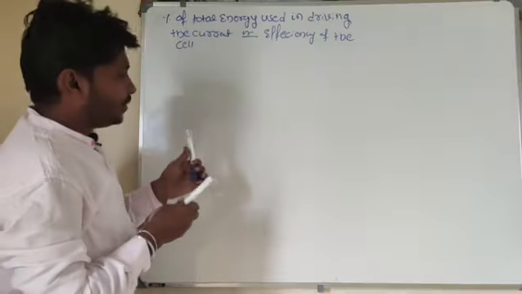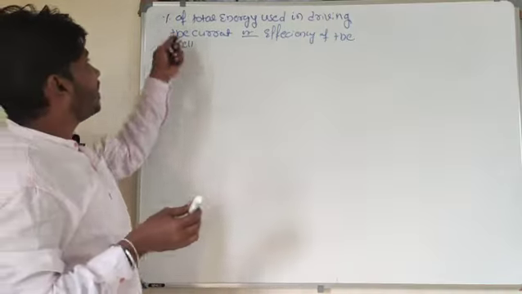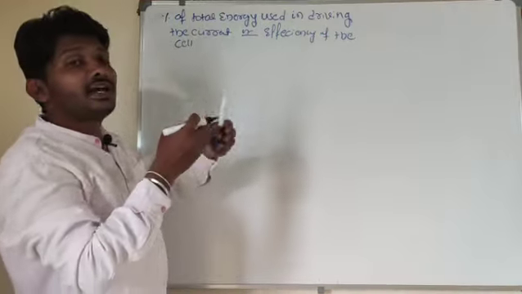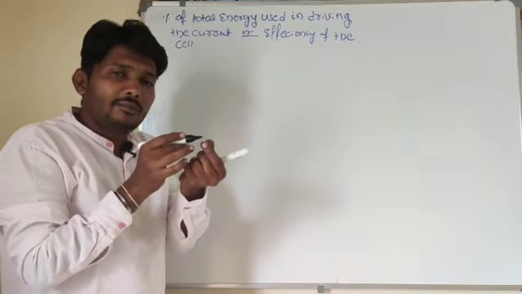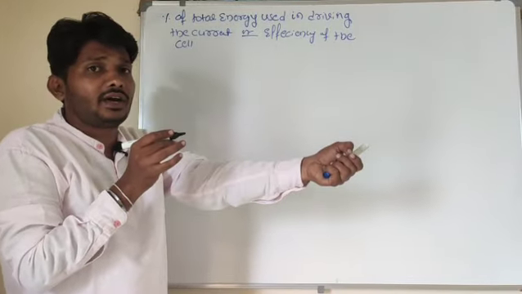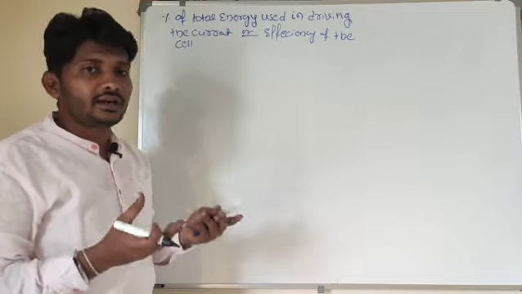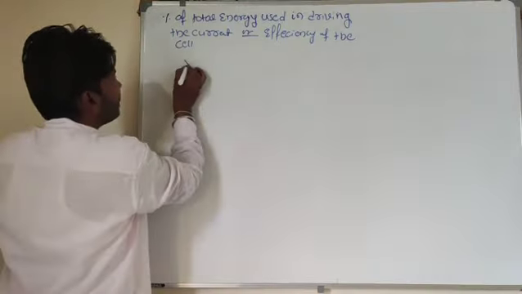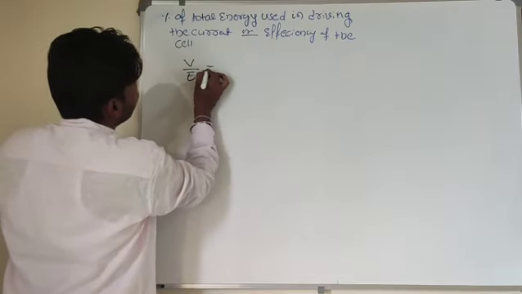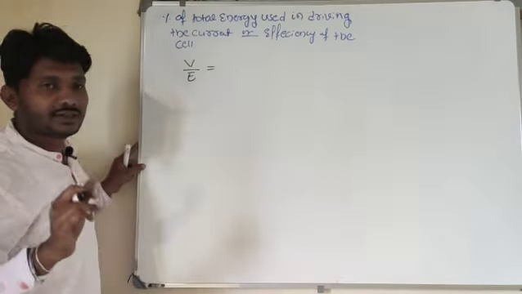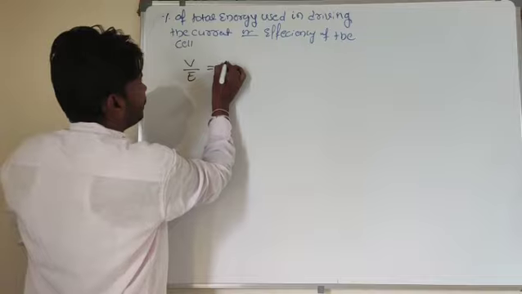So in order to find the efficiency of the cell, or total energy used in driving the current, from the cell I draw a certain amount of current. How much energy I am utilizing from the cell, I want to determine. In order to determine this, I can take the terminal potential difference divided by the EMF here. So V is equal to what?